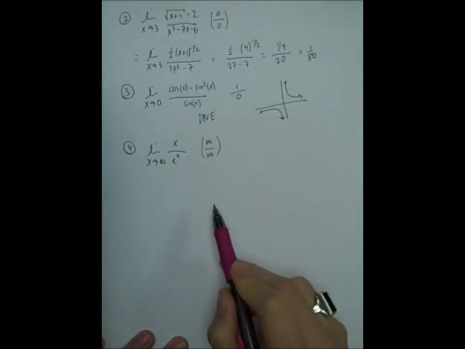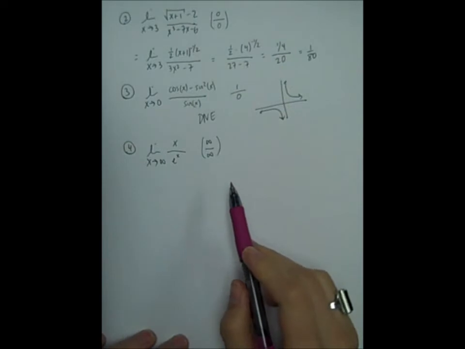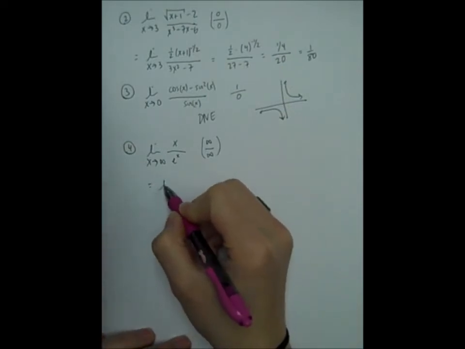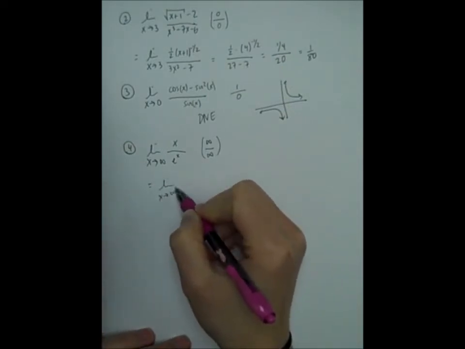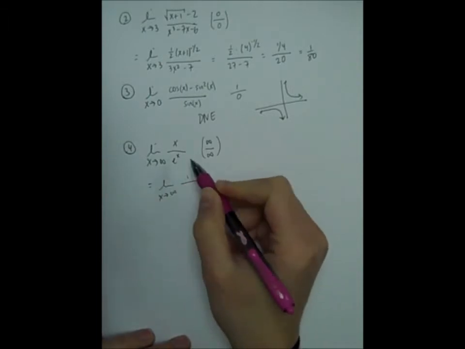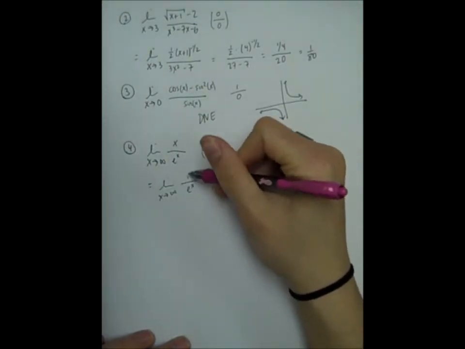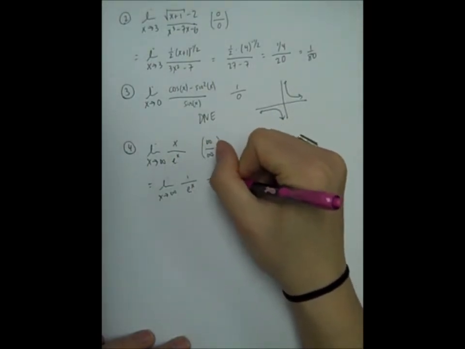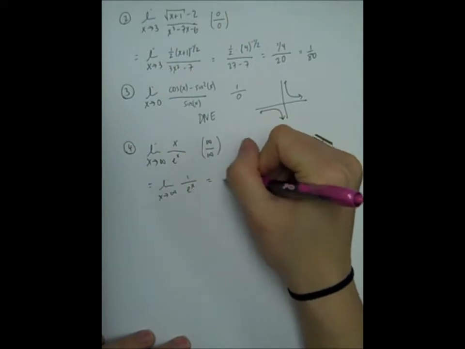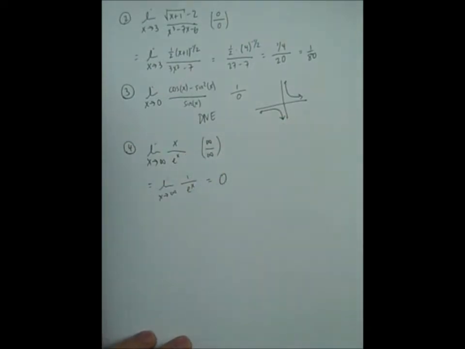This is of the correct form. Remember, it was 0 over 0 or infinity over infinity. So I can take the derivatives. Derivative of x is 1. Derivative of e to the x is e to the x. And now what happens to 1 over e to the x as x approaches infinity? Well, the denominator is going to get larger and larger, so I'll get 0.